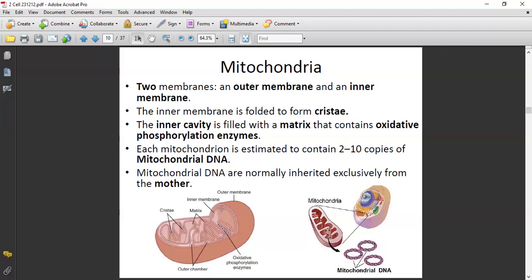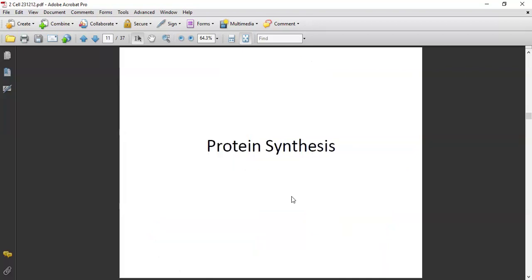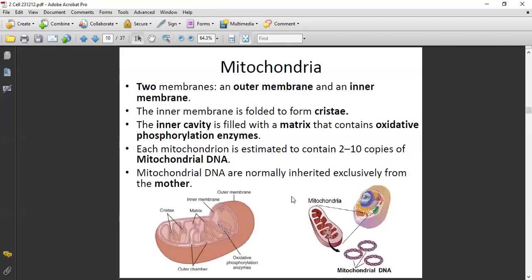And so the mitochondria are located in your egg. So when sperm and egg meet together, the mitochondria will stay in the egg. And so your mitochondrial DNA is normally inherited exclusively from your mother. So that's that. So this one basically summarizes everything you need to know about the membrane.